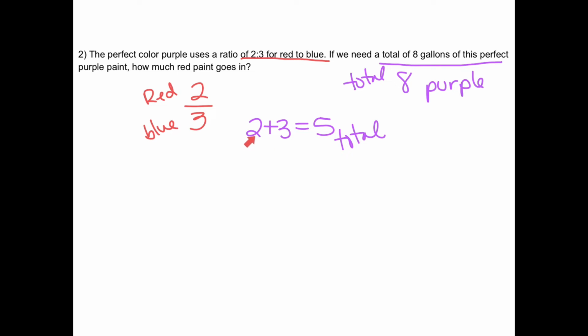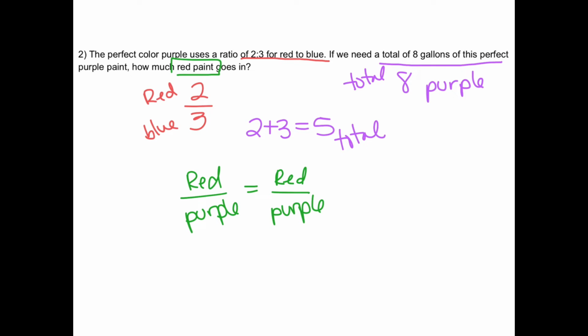This is what we would create with, we would have 5 total whatever if we had a ratio of 2 to 3. So because we want to figure out how much red paint goes in, we want a ratio that reads red to purple equals red to purple. So we're not actually going to put the number for the blue in there at all.